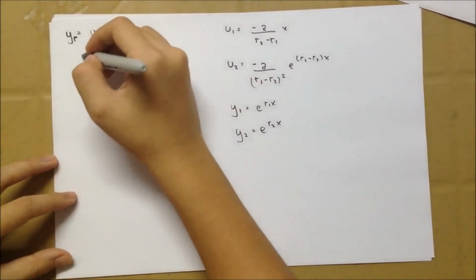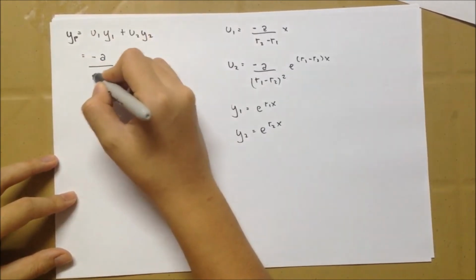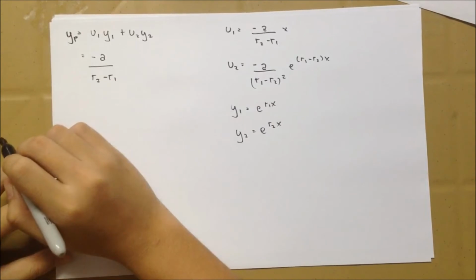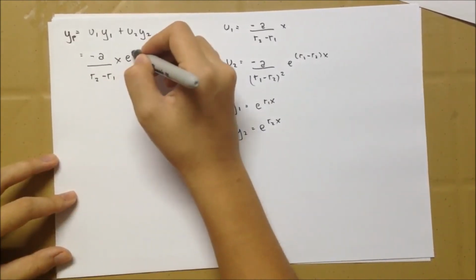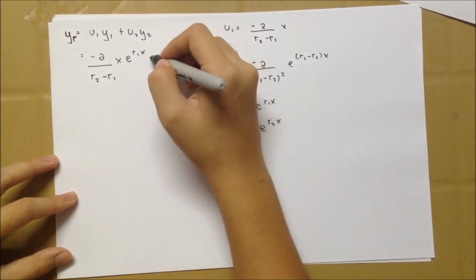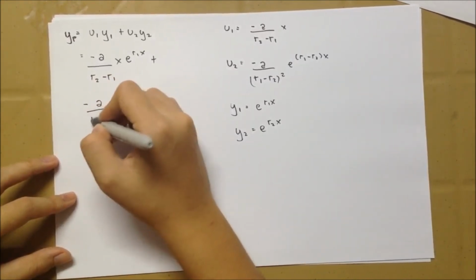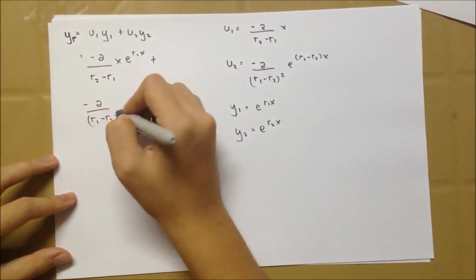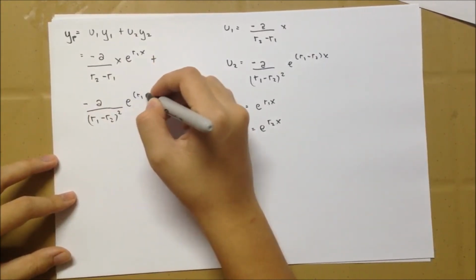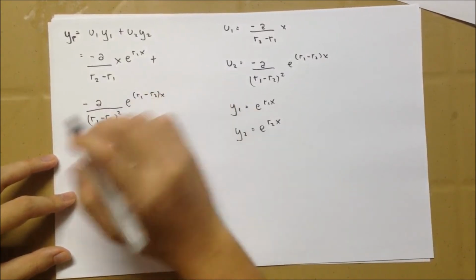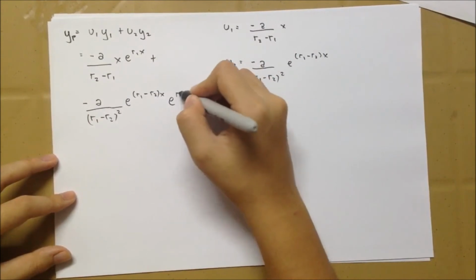So substituting it here, I have negative a over r2 minus r1 times my x times my y1, which is e to the r1x, plus my u2, which is equal to negative a over r1 minus r2 squared times e to the r1 minus r2 x times my y2, which is e to the r2x.